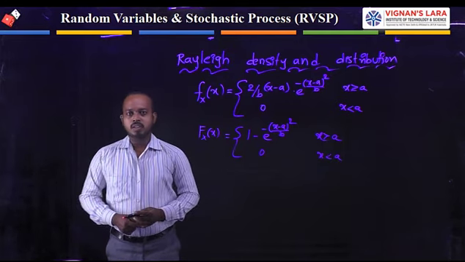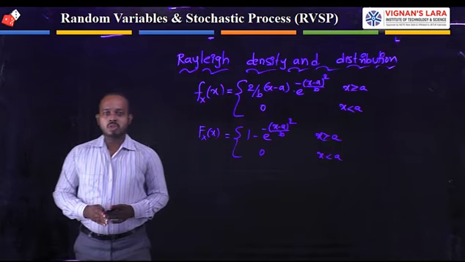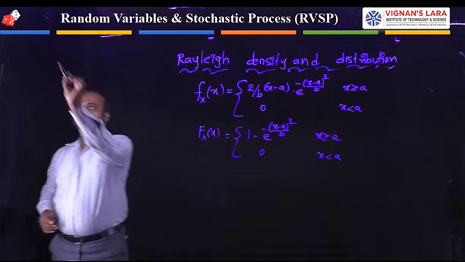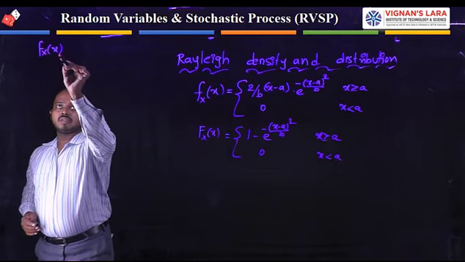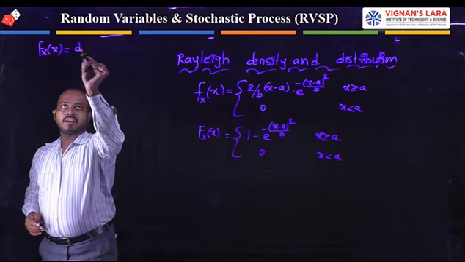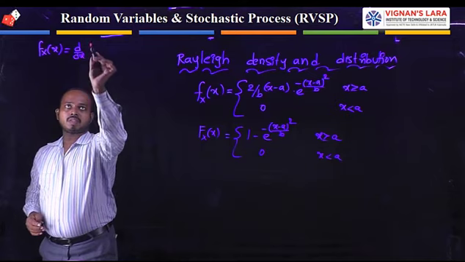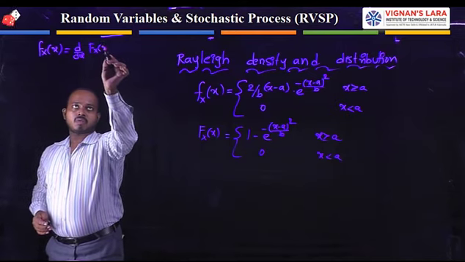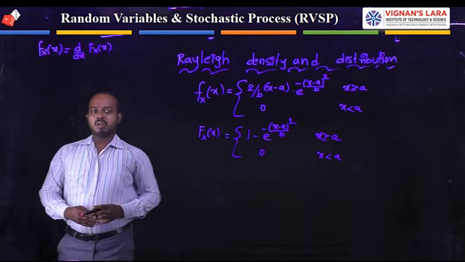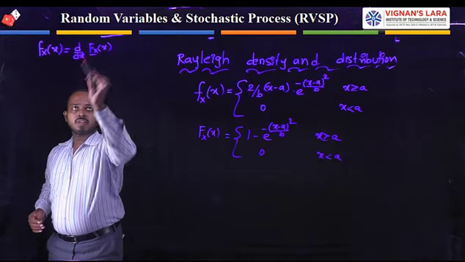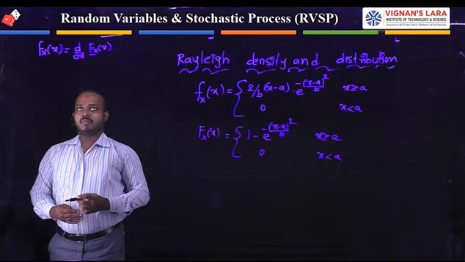Already we know the relation between distribution and density function: f x of x is equal to the derivative d by dx of capital F x of x. From this, the distribution function is the integral of the density function.